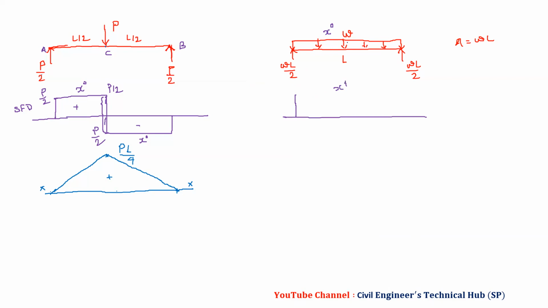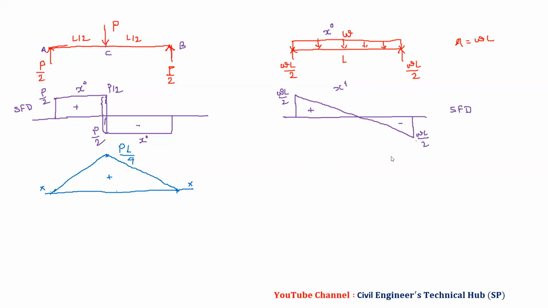So WL by 2 minus W into L, and then we will get it as minus WL by 2. So you will draw it and then you will have 0 over here. So this is plus, this is minus. We have this as WL by 2. We have this as WL by 2. And this will be SFD.